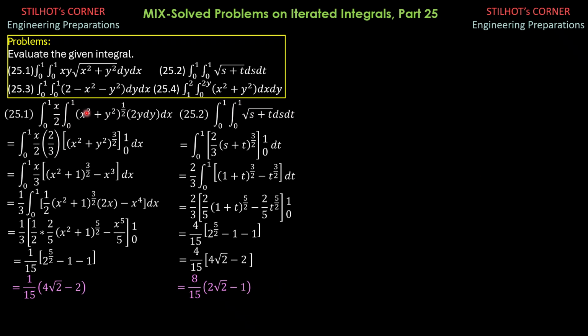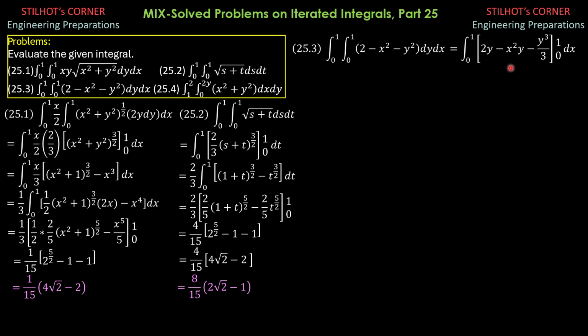Okay, next, 25.3, integral 0 to 1, 0 to 1 of the quantity 2 minus x squared minus y squared dy dx. So that would be integral 0 to 1, evaluating the integral considering y as the variable. So integral 0 to 1 of the quantity 2y minus x squared y minus y cubed over 3 from 0 to 1 dx.